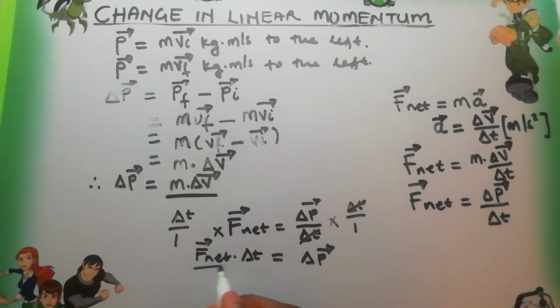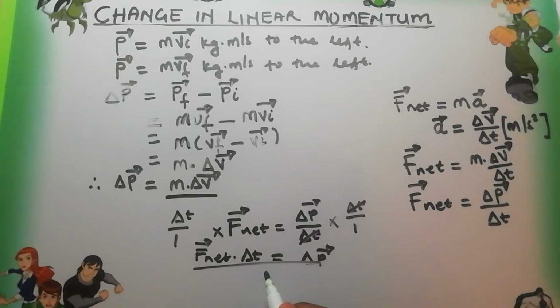So we have another formula now, and this formula is for calculating the impulse of an object. When they say define the impulse, you can derive the definition from this formula. You can say impulse equals change in momentum of an object, or the product of net force and time. We get the impulse.